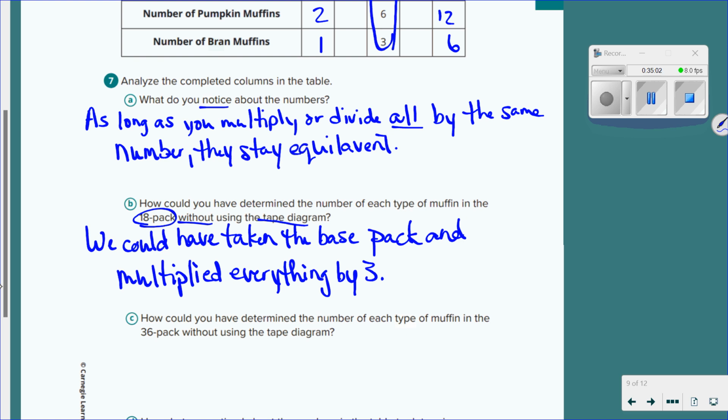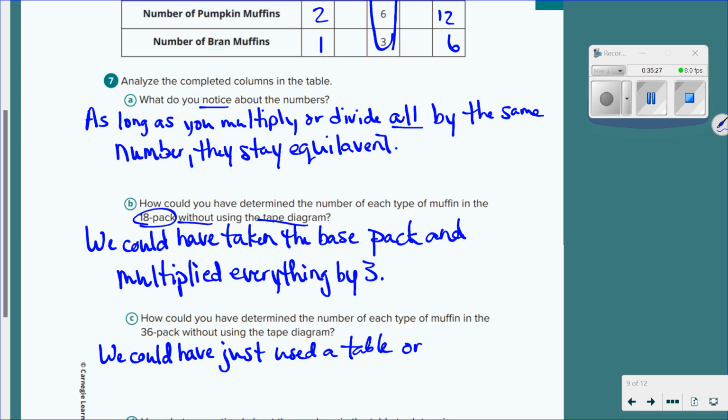Could have just used a table. Okay, I'll put that down. We could have just used a table. Or, what did we end up doing? Multiplying them all by 2.